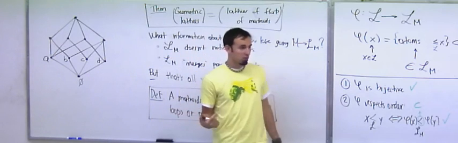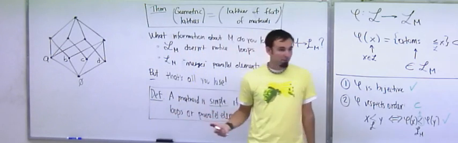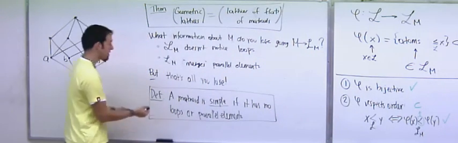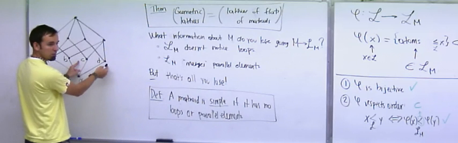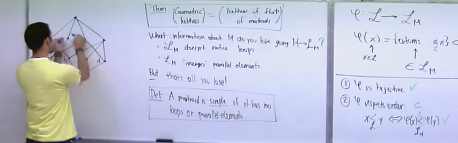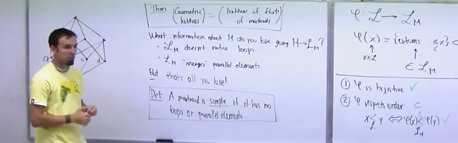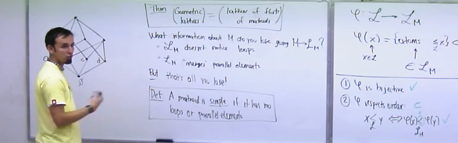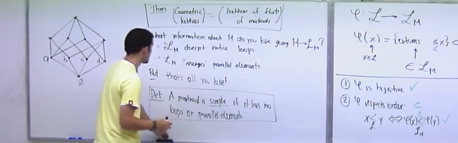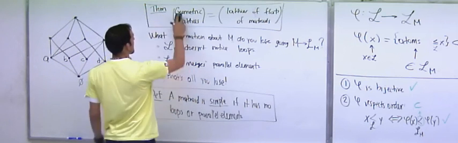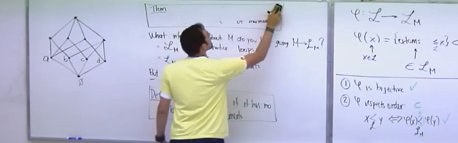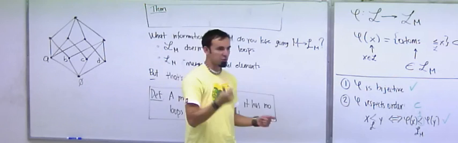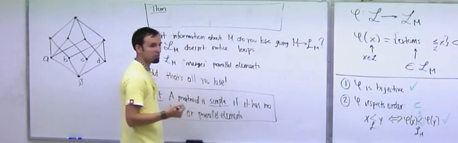And how do you recover the rank function of the matroid? Well, in the way that we defined it, the rank of a set of elements in the matroid is obtained by going up to the join and looking up the rank in the lattice. So that means you can recover the whole matroid, assuming that it's simple. And so this theorem is actually stronger. It says that there's a one-to-one correspondence between geometric lattices and simple matroids.